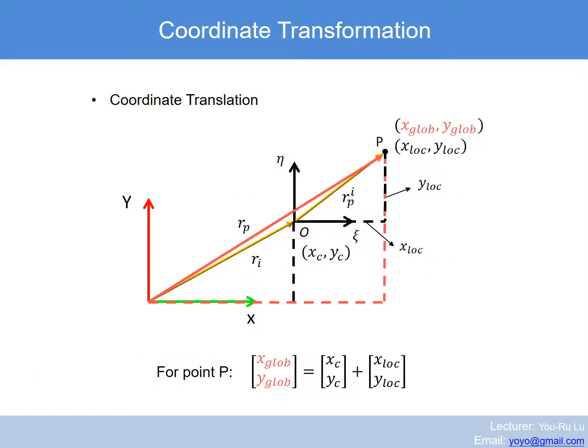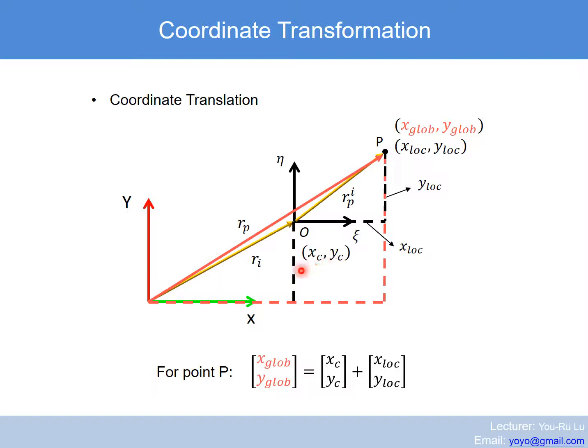Okay, so for the coordinate translation, it is basically just a simple xy offset. As the example shown here, we can easily see that the relationship between local and global coordinates is Ri, which can be expressed as x offset by xc and y offset by yc.